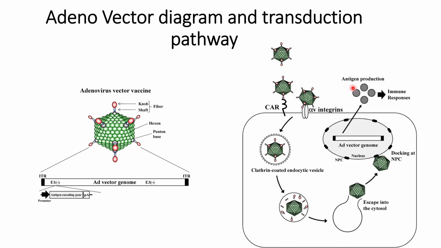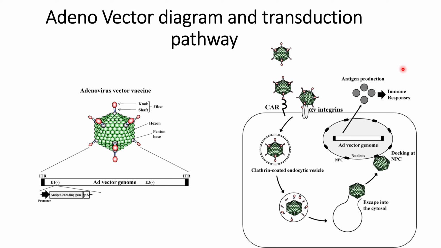The innate immune response is quite general and immediate, the first line of defense of the immune system. The adaptive immune response will be more specific, and it will take time, specifically targeting the antigens that have been detected by the immune system.